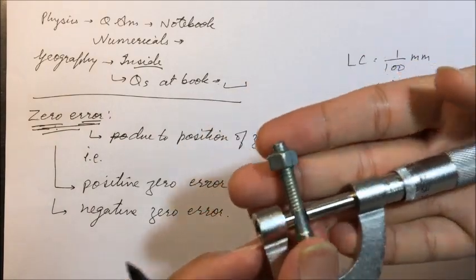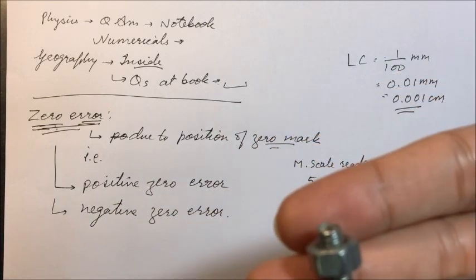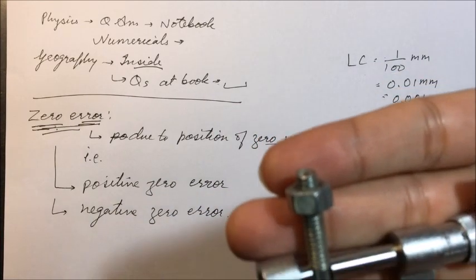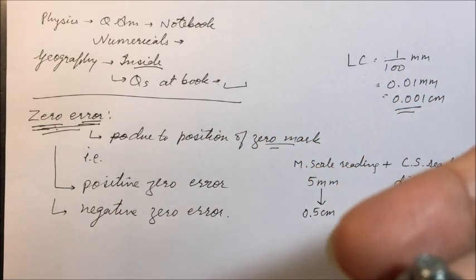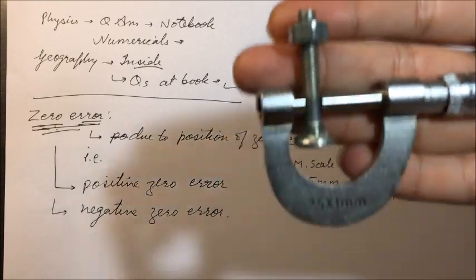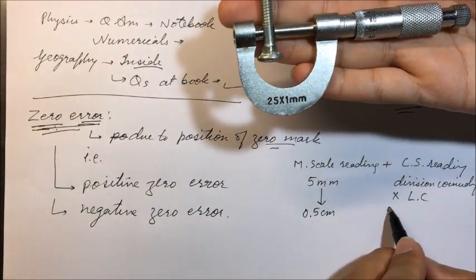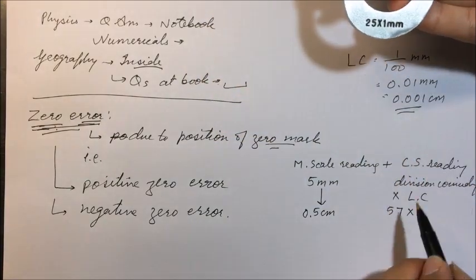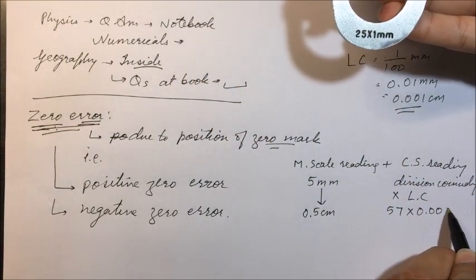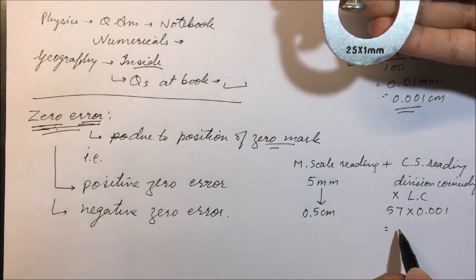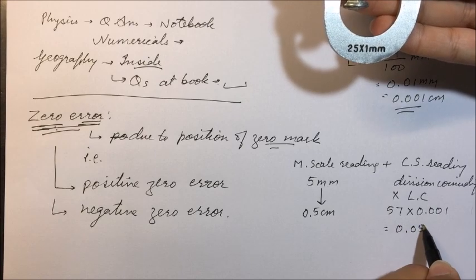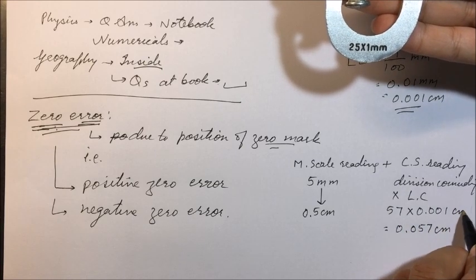Now which division is coinciding here? It is 57. The 57th division is coinciding, so 57 into least count 0.001. So the circular scale reading is 0.057 centimeter.